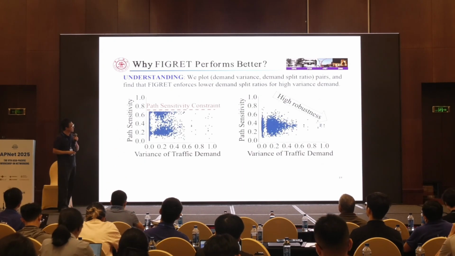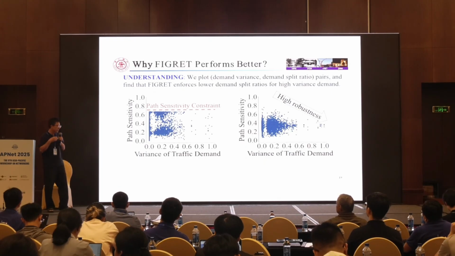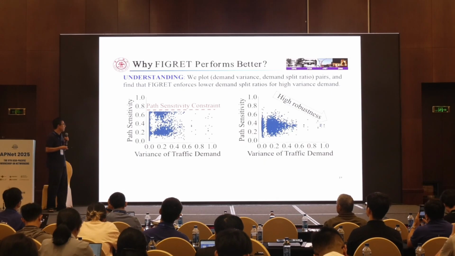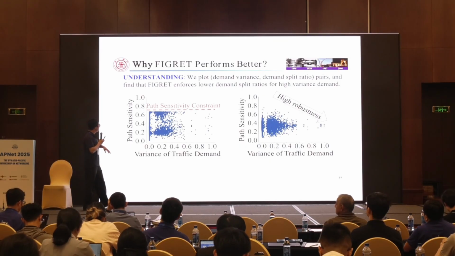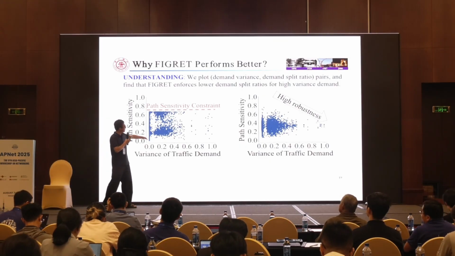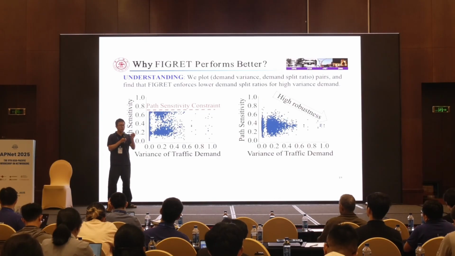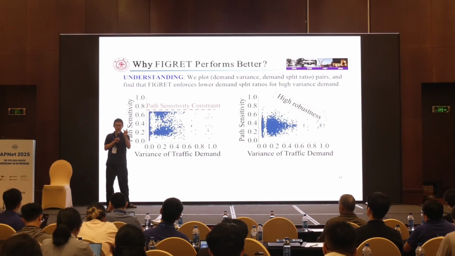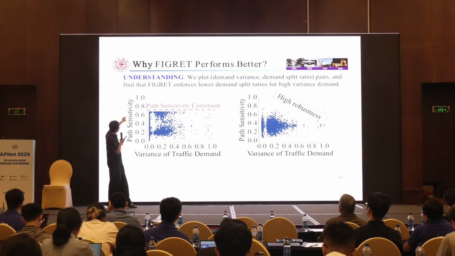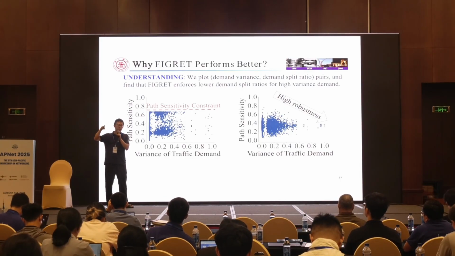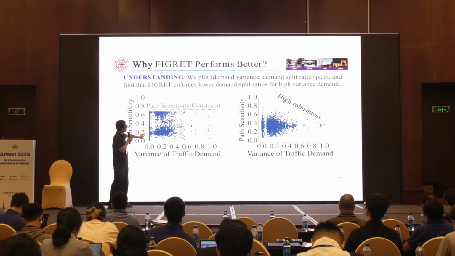Here we give a brief explanation of why our approach works. On the x-axis we plot the variance of a traffic demand, meaning a source destination pair. The y-axis plots the Wij value.